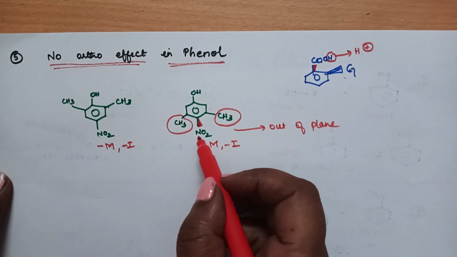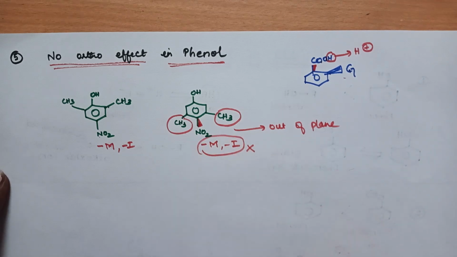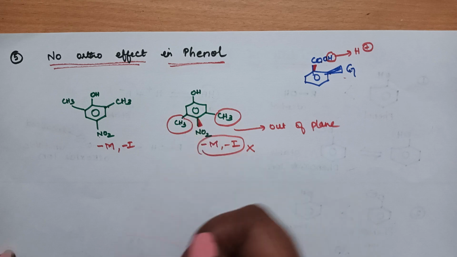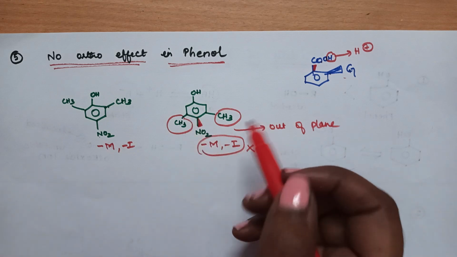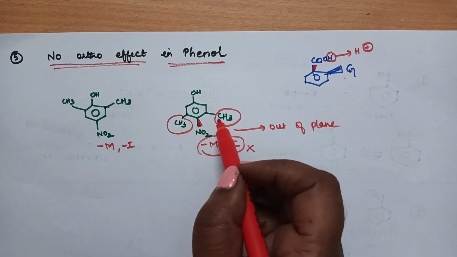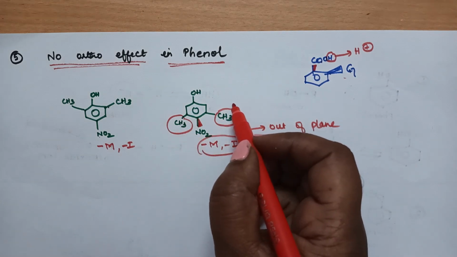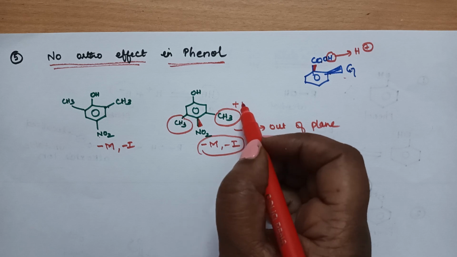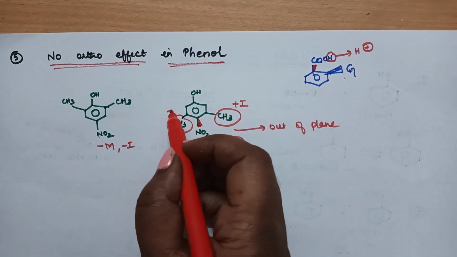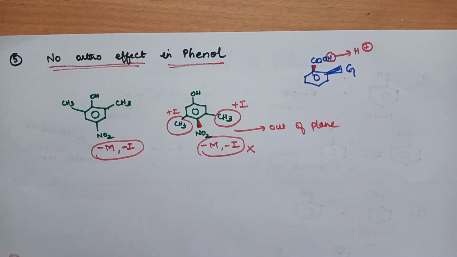So when NO2 goes out of plane, this effect is not felt on phenol. Therefore, we have to consider only the effect of the methyl group. What is the effect shown by methyl group? Methyl group will show plus I effect. And here minus M and minus I effect.